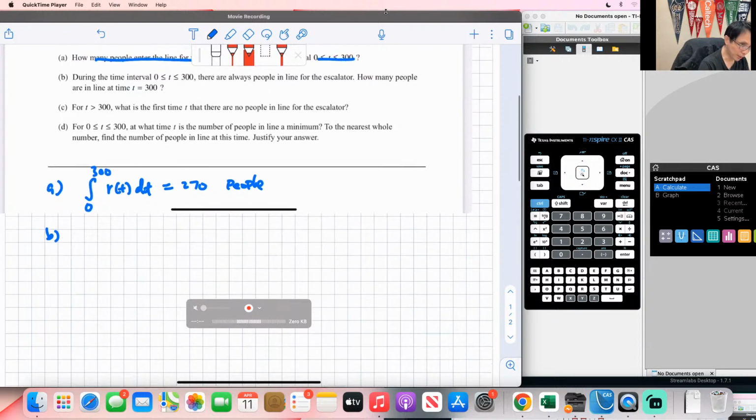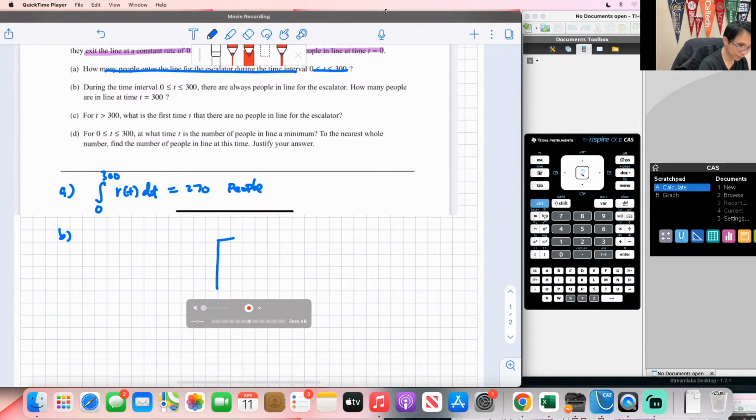Think about this as an escalator, and start with the 20. 20 people are in there at the very beginning, so you should have 20, plus there are some people coming in and some people leaving. Coming in is R of t, leaving is 0.7.